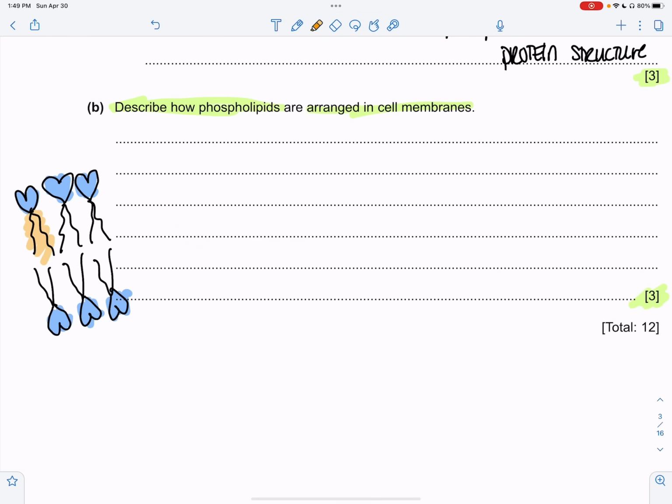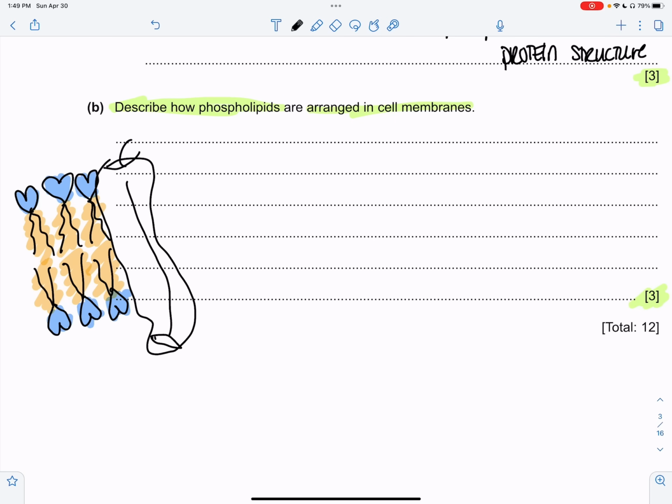And then the fatty acid tails are hydrophobic. So they are nonpolar and they do not bond with water or polar things. And that's why we need to have big proteins built in, maybe like a carrier protein, so we can bring things into and out of the cell that are charged molecules or are also polar.